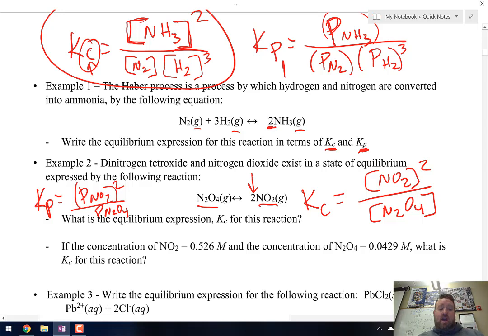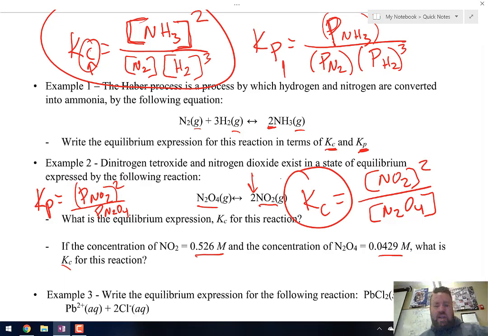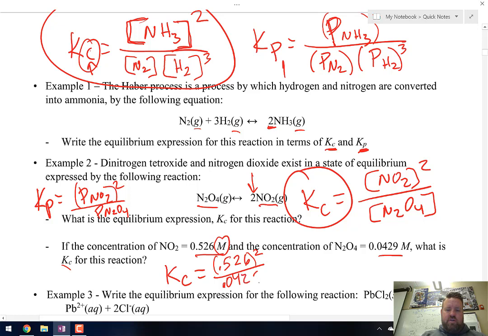Now it's saying, if the concentration of NO2 is 0.526 molar and the concentration of N2O4 is 0.0429, what is this number? So now we're going to take our calculator and place those numbers into the Kc expression. Kc equals the concentration of NO2, 0.526, and just leave out the molarity part because there's no units, squared, over 0.0429.